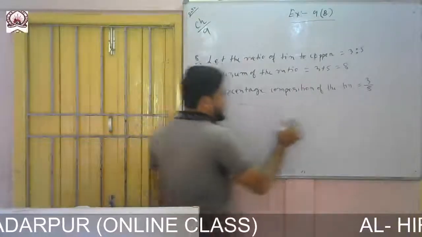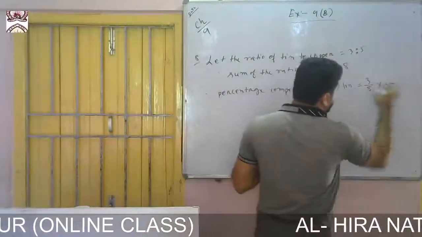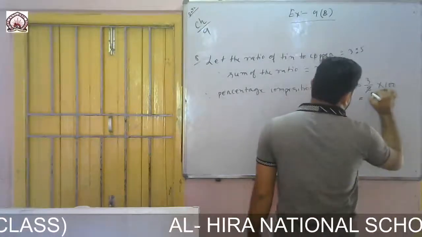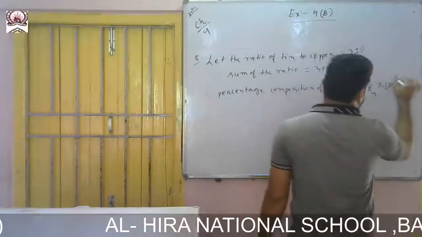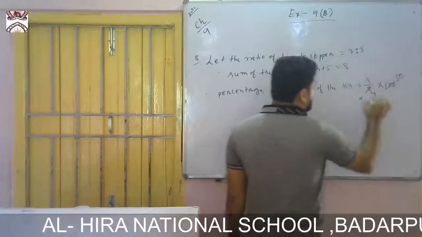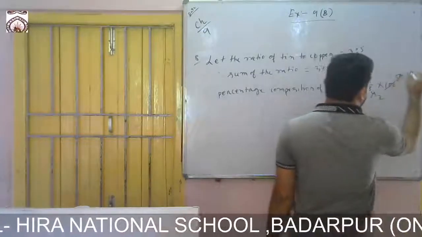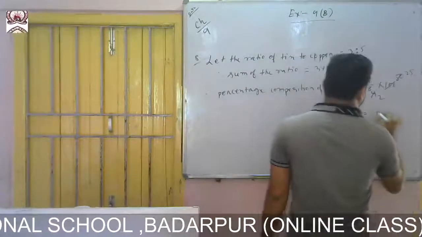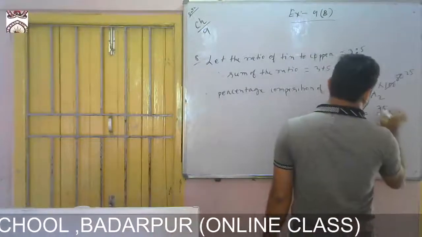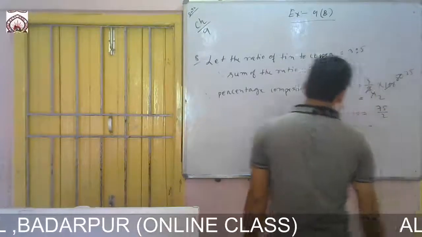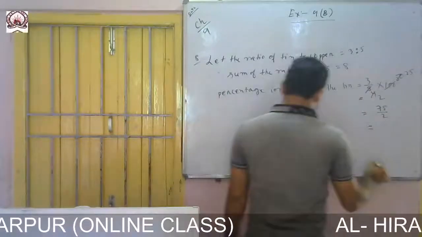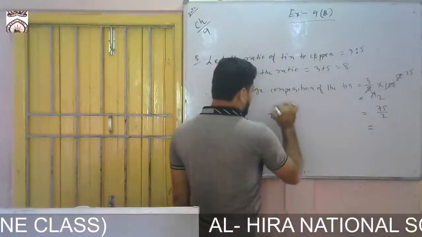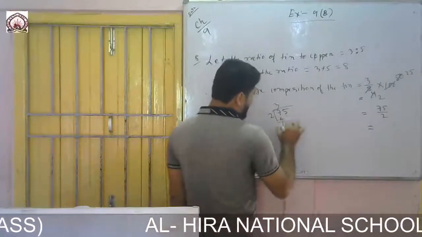We have to find the percentage, so 3 by 8 into 100. Now cancel: 2 2s are 4, 2 4s are 8, 50 2s are 100. 2 2s are 4, 25 2s are 50. So it is 75 by 2. Divide here: 2 3s are 6, remain 1.